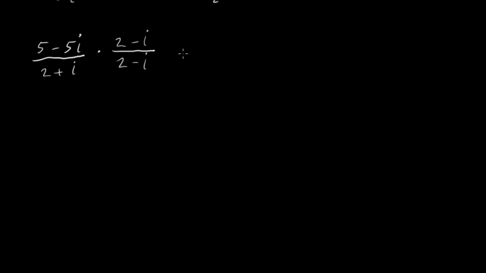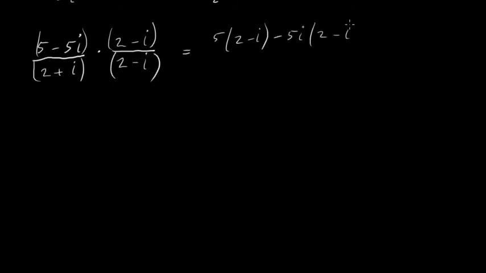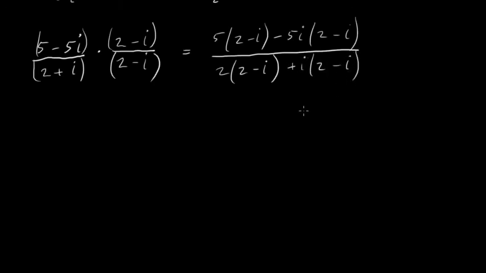So let's see what happens here. What we're going to do is multiply the top by the top and the bottom by the bottom. So the top by the top is going to be 5 times 2 minus i, minus 5i times 2 minus i. And then on the bottom we end up with 2 times 2 minus i, plus i times 2 minus i.